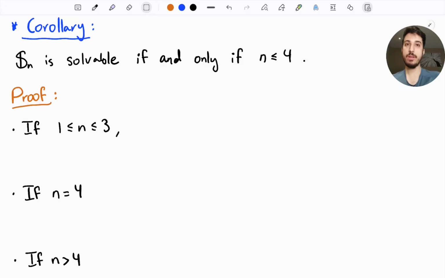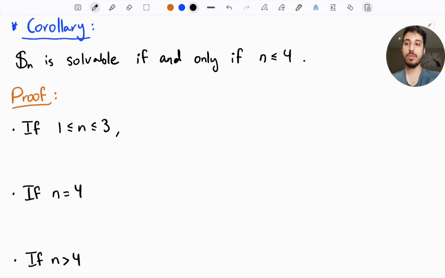Now a corollary is a direct result that comes immediately after the proposition. This corollary says that S_n is a solvable group if and only if n is less than or equal to 4. And to prove this, we will immediately use the proposition we've just proved.